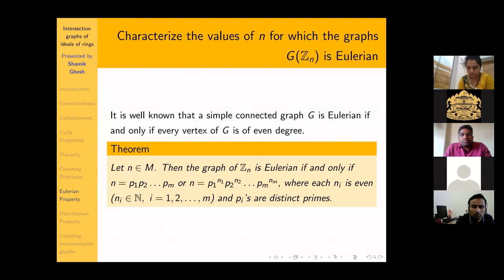For those who are new to graph theory, a graph is Eulerian if you can make a tour of the graph, starting from a vertex and traversing all the edges of the graph, but only once. You cannot repeat edges.